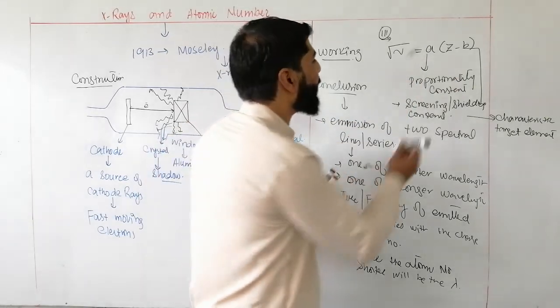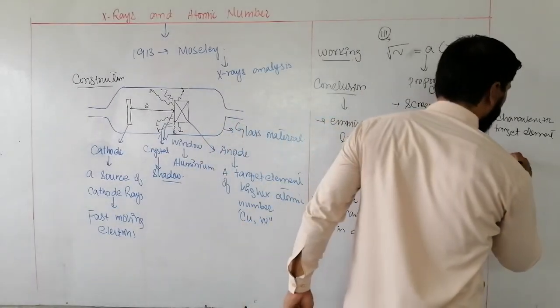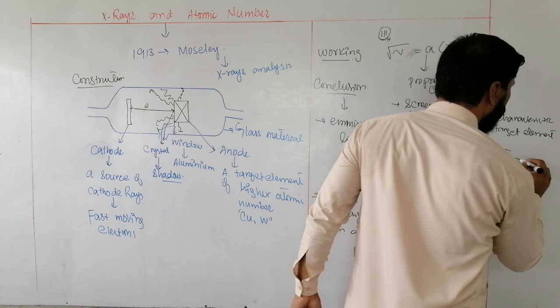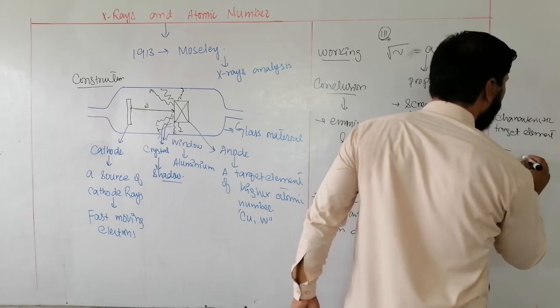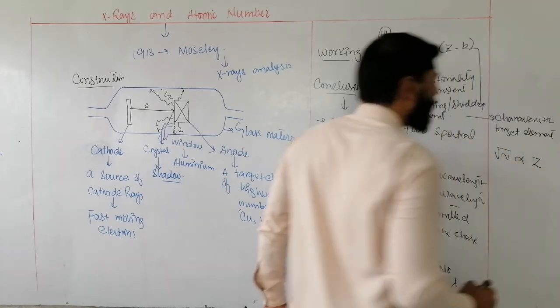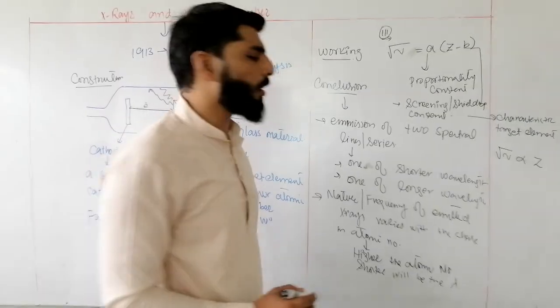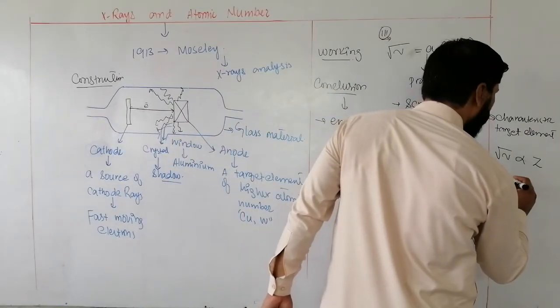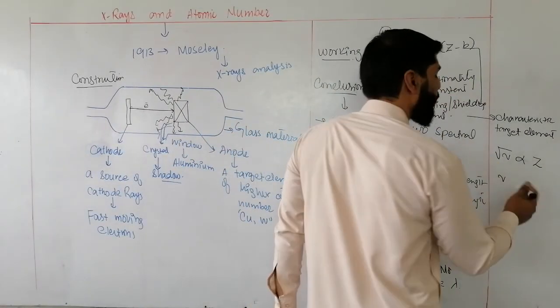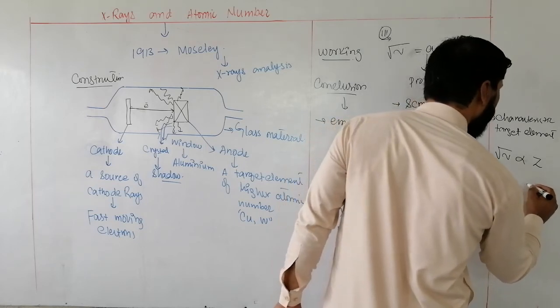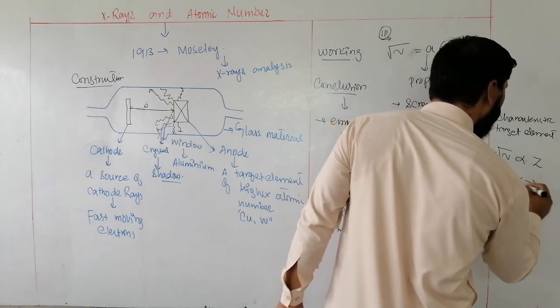So we can write that square root of nu is directly related to Z, the atomic number, or by taking square on both sides, frequency will be directly related to Z square.